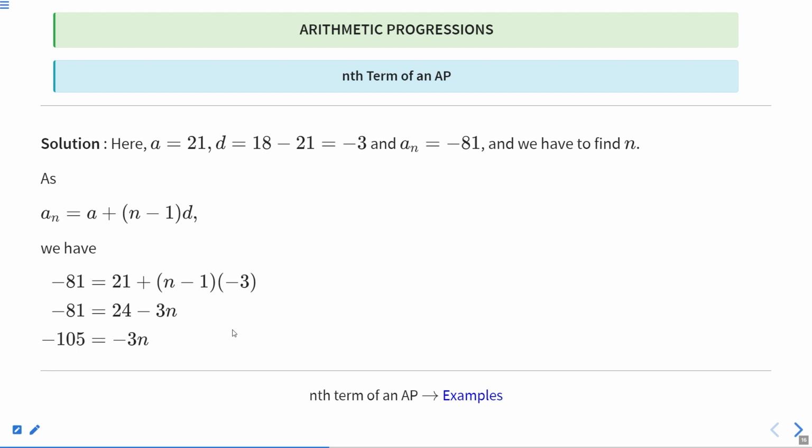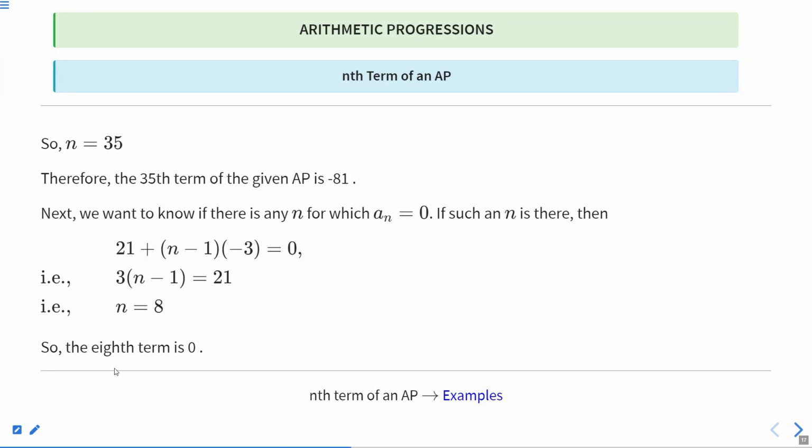This implies minus 81 is equal to 24 minus 3n, which implies minus 105 is equal to minus 3n. If we simplify this, we get n equal to 35. Therefore the 35th term of the given AP is minus 81. This is the answer to the first question.